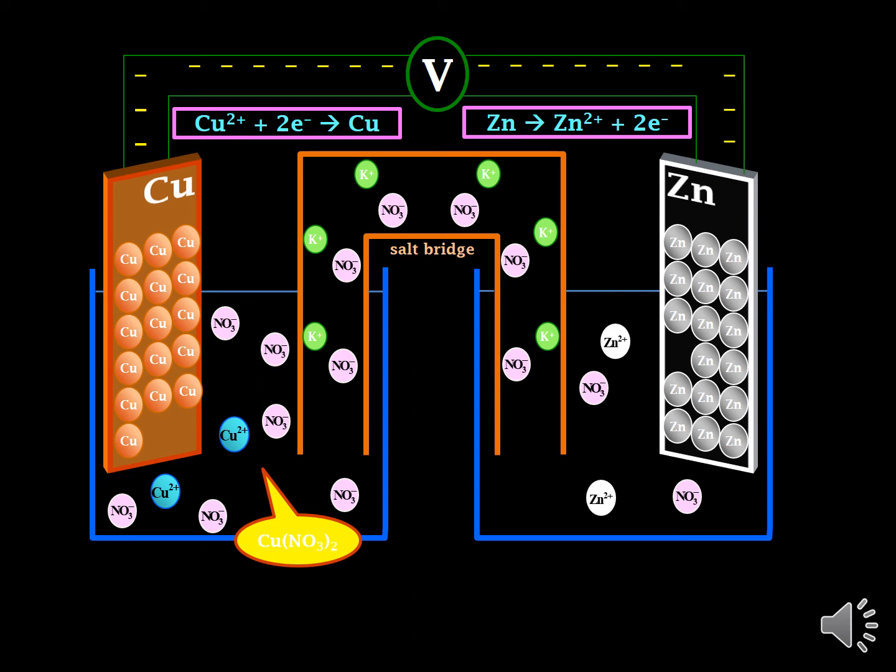Now we can see on the left side of the copper electrode that copper ions are fewer in number, but nitrate ions are still the same number, because copper ions are used by the electrode and converted into the copper metal.